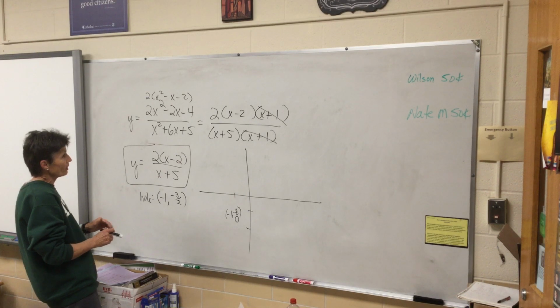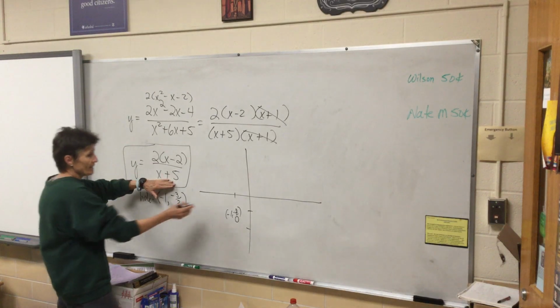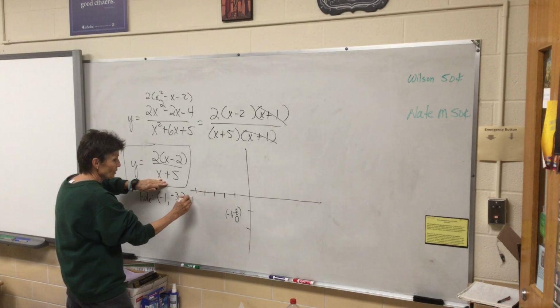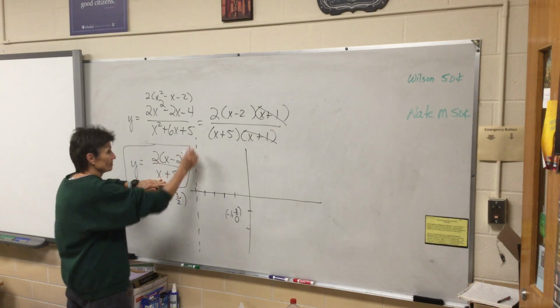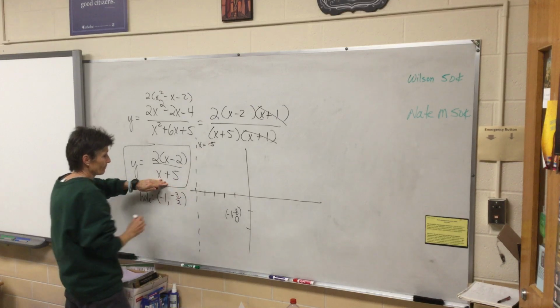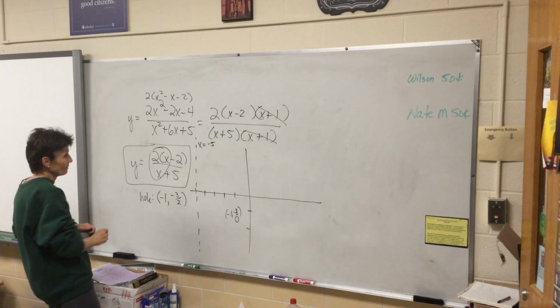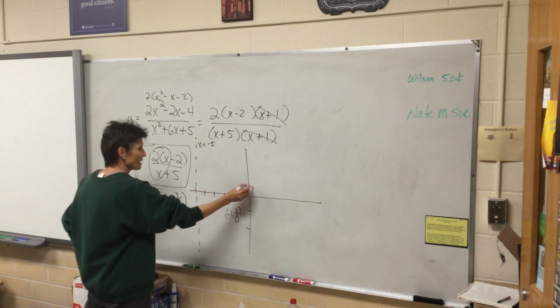I'm not sure what you're talking about here. To find my vertical asymptote, it's where the denominator is 0. So my vertical asymptote is going to be over here at -5. And then my horizontal asymptote comes from that. Oh, my bad, I was looking at the wrong thing. Okay, yeah, so that's my horizontal asymptote.